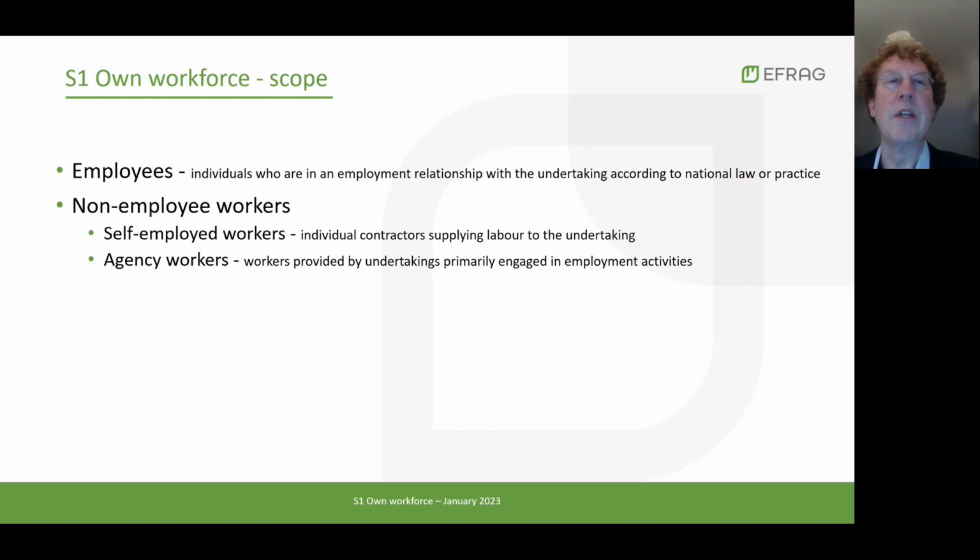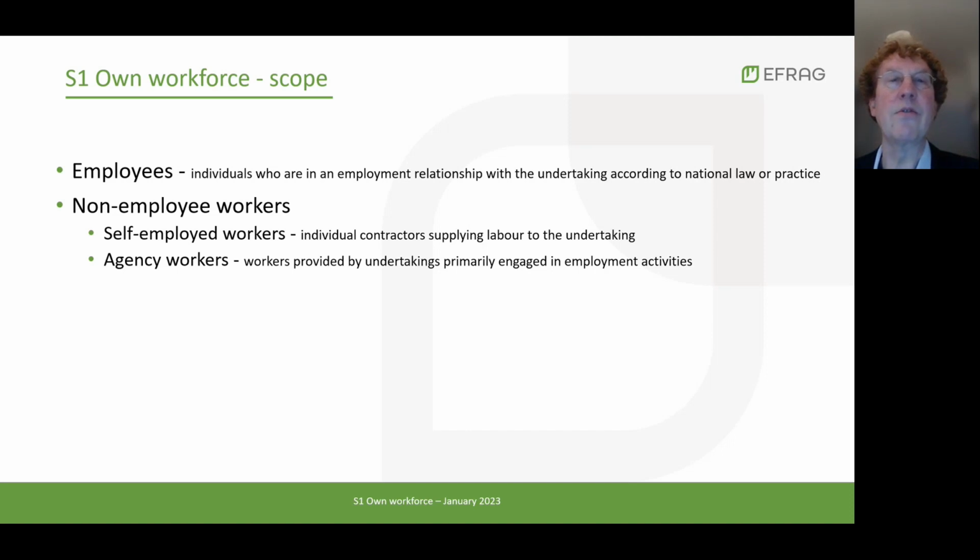This is the scope. These are the types of employees and workers that are covered by S1, the so-called affected stakeholder group. S1 covers employees, which are defined as individuals who are in an employment relationship with the undertaking according to national law or practice, so in line with the GRI definition of employees. But it also includes non-employee workers, specifically two kinds of non-employee workers.